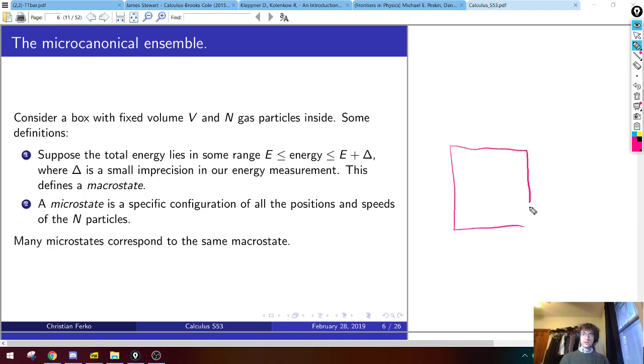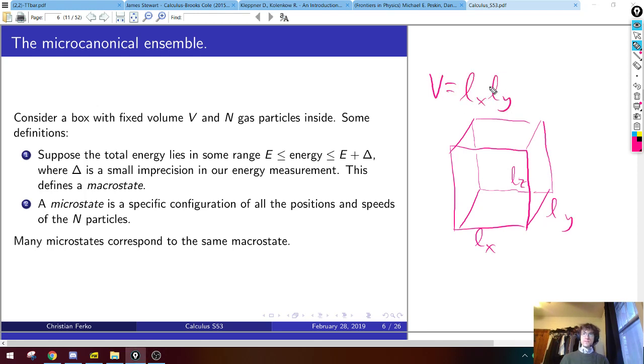Let's just do 3 dimensions for now. So some 3-dimensional box, where later the actual dimensions will become important. Let's say it has some L in the X direction, L in the Y direction, L in the Z direction. So there's some dimensions to this box, and the volume, which of course we know is just the product of these 3, is Lx Ly Lz.